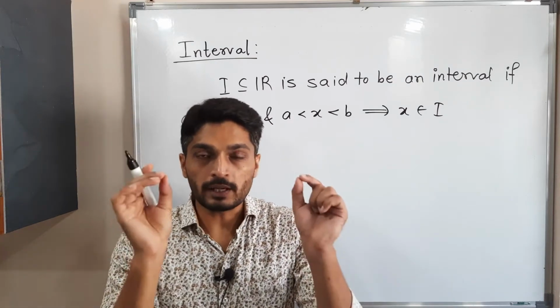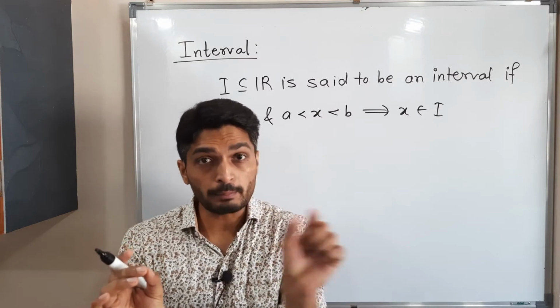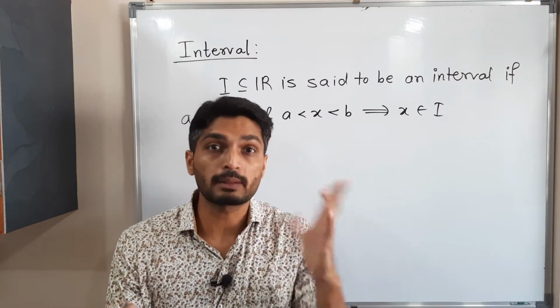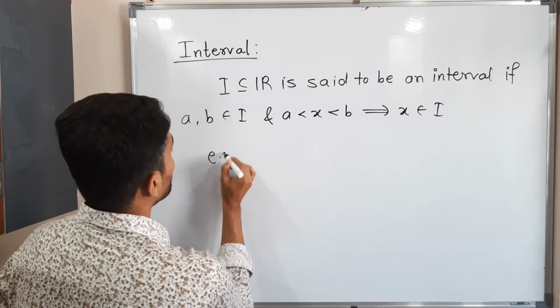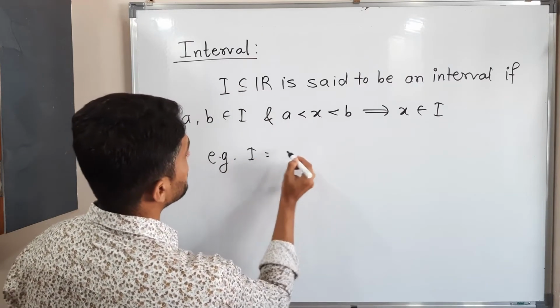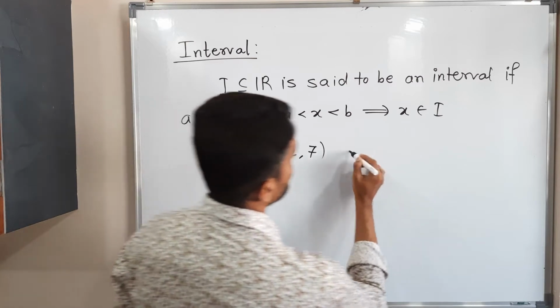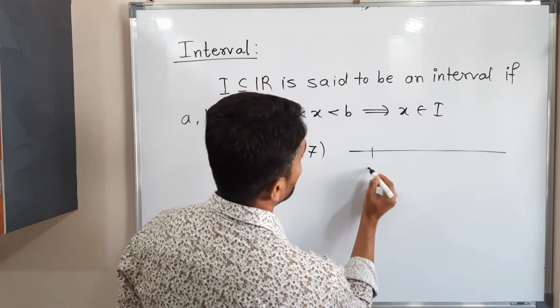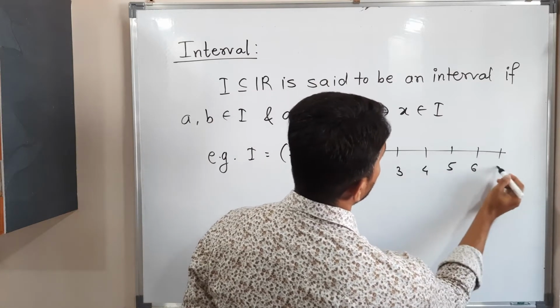That means if any two points lie in a set, and you select any point between these two points, then it is again a member of the same set. I will show you here. For example, suppose I is the open interval (2, 7). Suppose this is 2, 3, 4, 5, 6, 7.